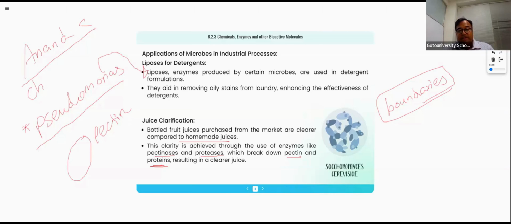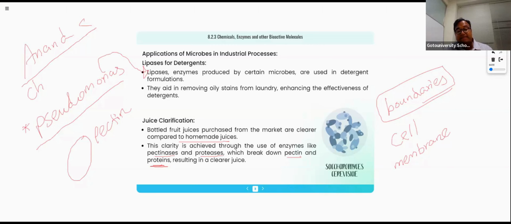So what we need to understand basically is that by using proteases, I can break the microbial boundary and plant boundary, because all organisms have a cell membrane. So the cell membrane breaking enzyme proteases we can make by using genetically engineered microorganisms at the maximum level.